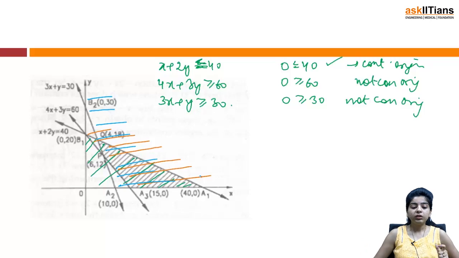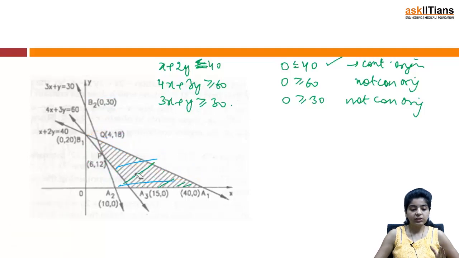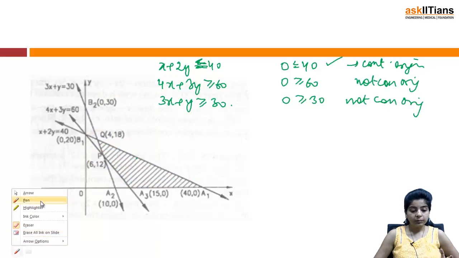So what about the common portion? You can see from these 3 colors that the common portion is this region. This will come out to be your bounded area. So we have this region as the solution set.